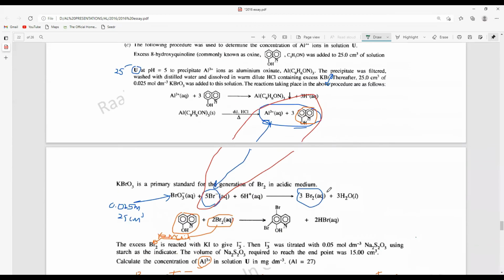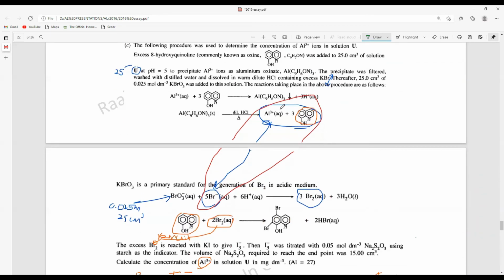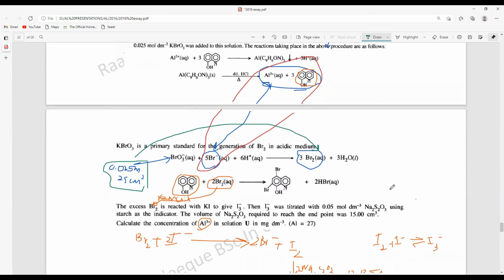Initially this mixture was formed, there is a circle around the red color one. So you can calculate the amount of BrO3 minus that you used here, and based on that, you can calculate the amount of Br2 that is formed.